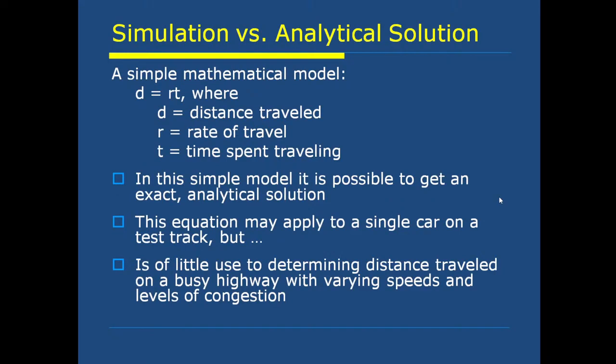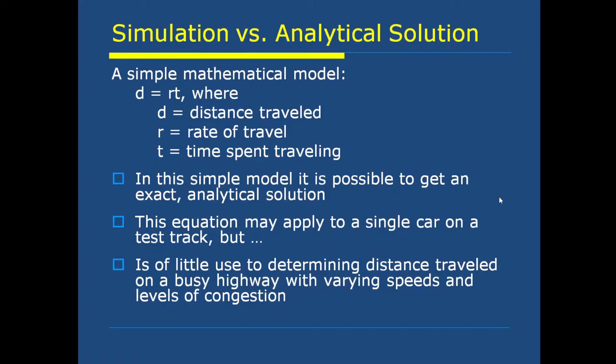At this slide, you see an example of a simple mathematical model. As usual, for mathematical models, we use a set of equations or mathematical formulas to describe a real process or real object.